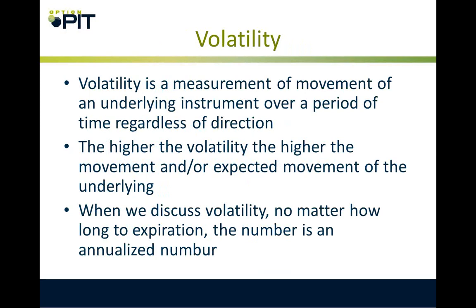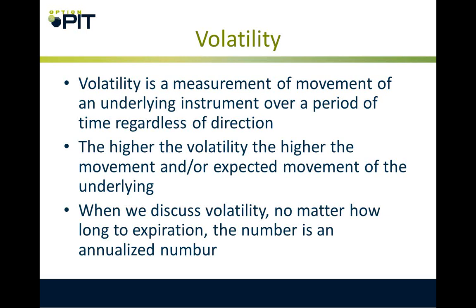Volatility is a measurement of movement of an underlying instrument over a period of time, regardless of direction. So you'll hear things like variance and standard deviation. What makes volatility different is that it is set over a period of time. A season, a year, you name it.